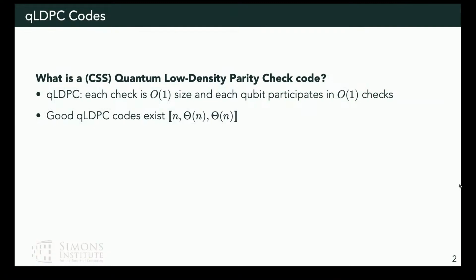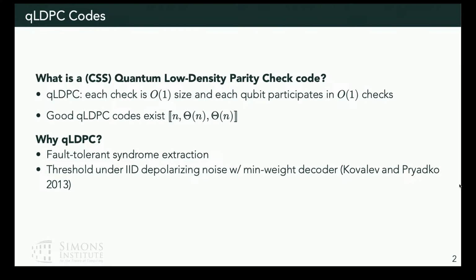So obligatory, what's an LDPC code? A quantum LDPC code is just one where every check is constant size, and each qubit participates in just a constant number of checks. And importantly, good QLDPC codes exist, and we've had constructions of this for a few years now. Why we care about this property is it gives us a few nice things. One is it automatically gives us fault-tolerant syndrome extraction.